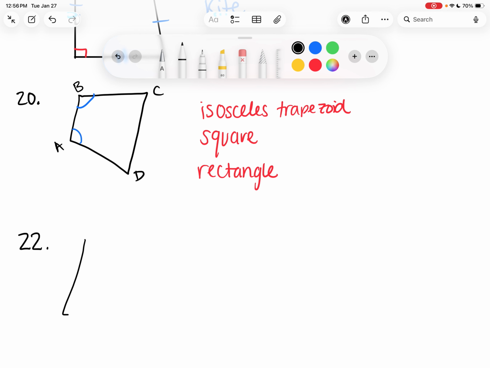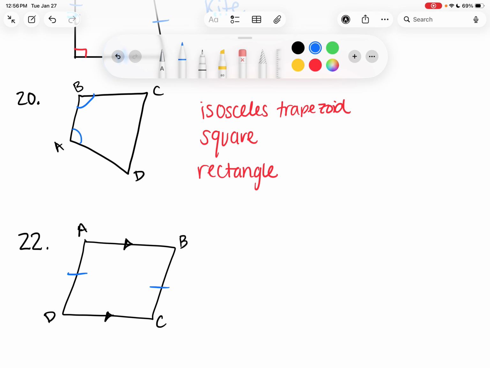22. So this one's marked that we have a set of opposite sides that are parallel, and then the other set of opposite sides are congruent.